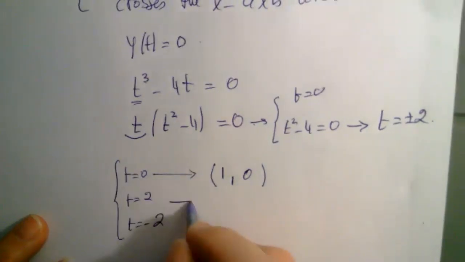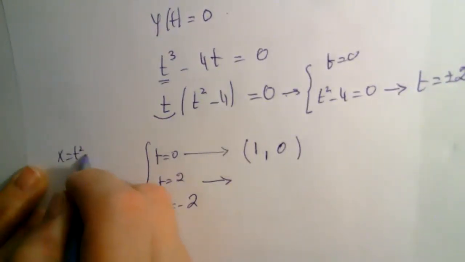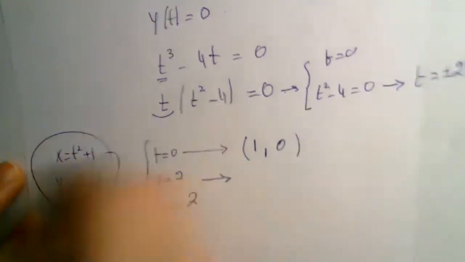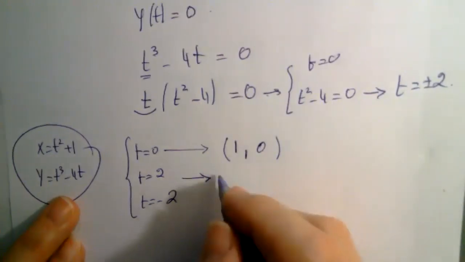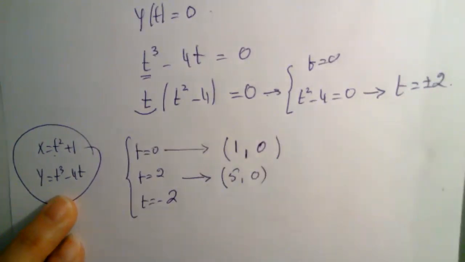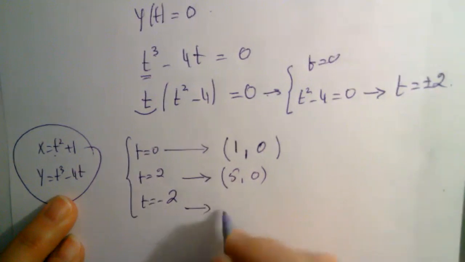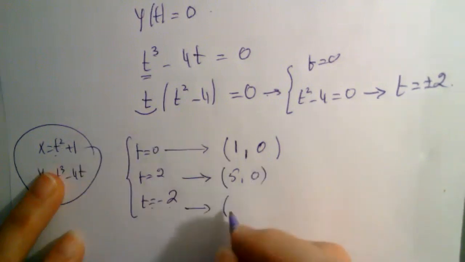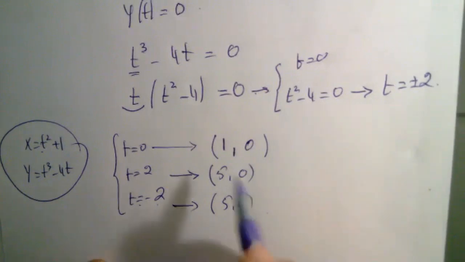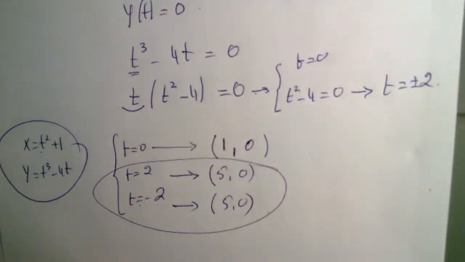At t equal to 2, my x is t squared plus 1, that's 4 plus 1, which is 5, and y is 0. And at minus 2, what do I get? Again, (5, 0).